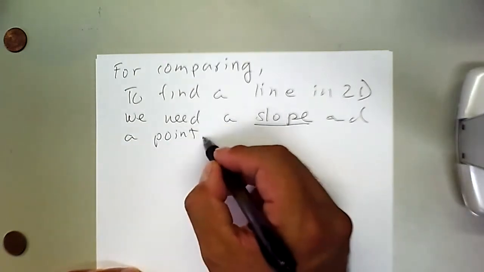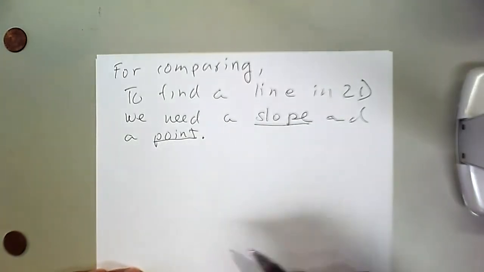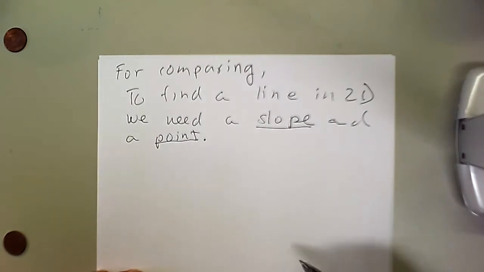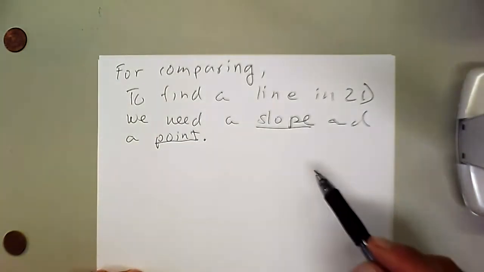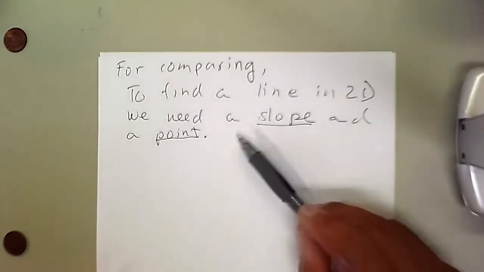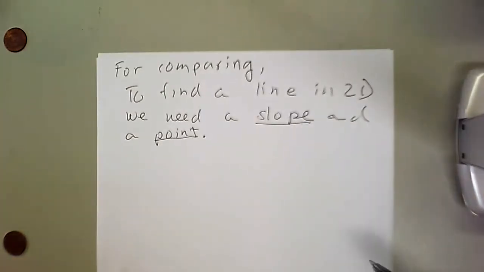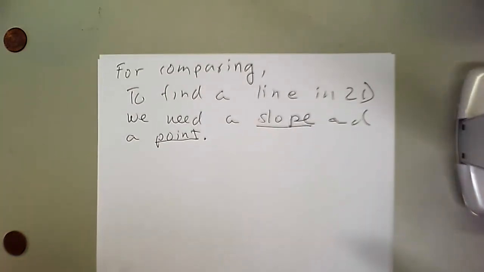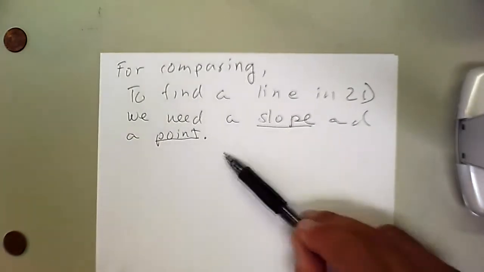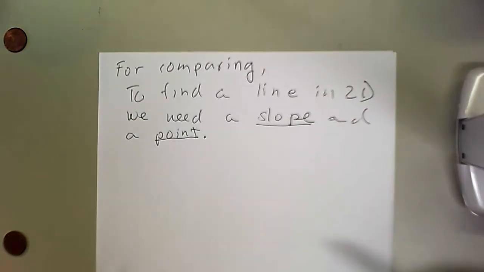Now, some of you will say, well, no, you need 2 points. Yeah, 2 points. And what is the first thing we do when we have 2 points? You find the slope. So we can stay with the idea of slope and a point. We don't have to say 2 points, even though 2 points will do. Eventually, we have to find the slope between the 2 points and then use one of the points to come up with the equation of a line.